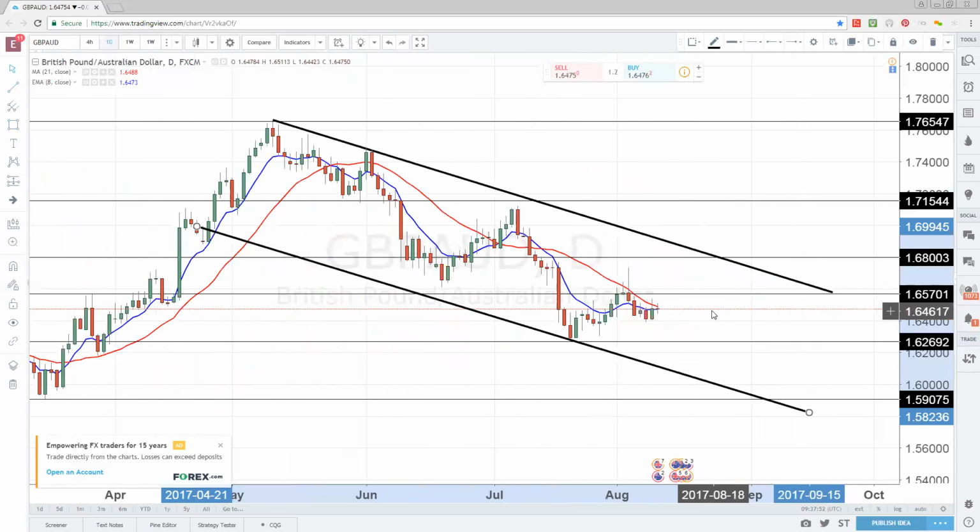Just be patient. Even again, when I look at this chart, I can still see more trend lines. I'll show you. I can still see more channels. There are more channels you can see on this chart.